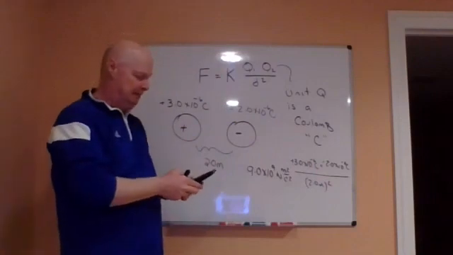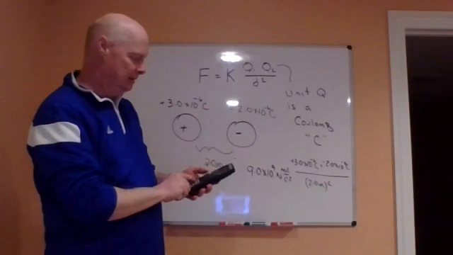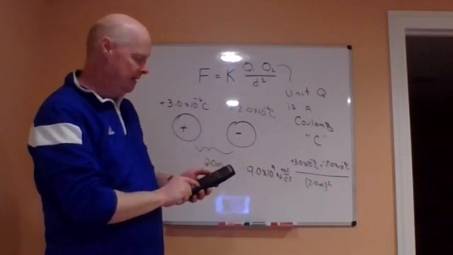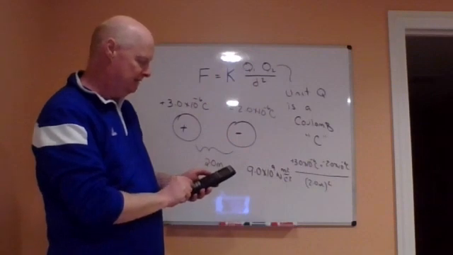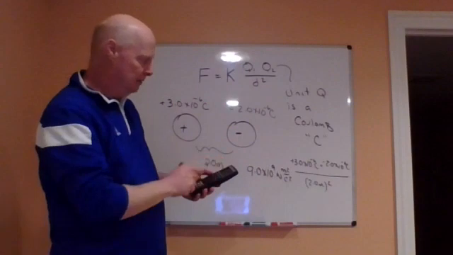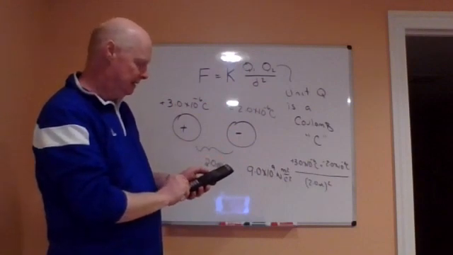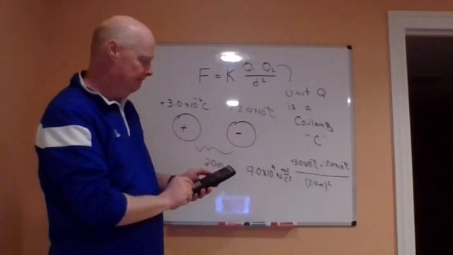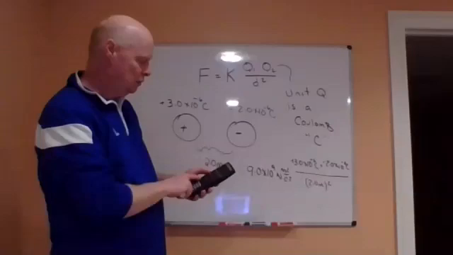So again, if I was to put this in my calculator, I'm going to go 9.0, second EE, to the 9th. I'm going to multiply that by 3.0, second EE, to the negative 6th. I'm going to multiply that by negative 2.0, second EE, to the negative 6th. Enter. And then I'm going to divide that by 2 squared.